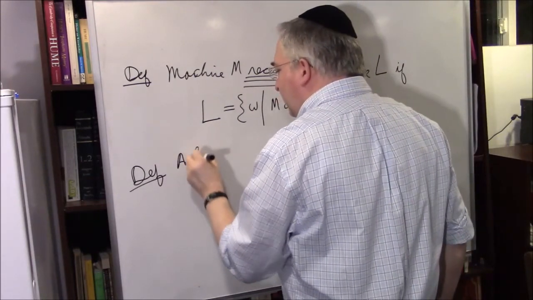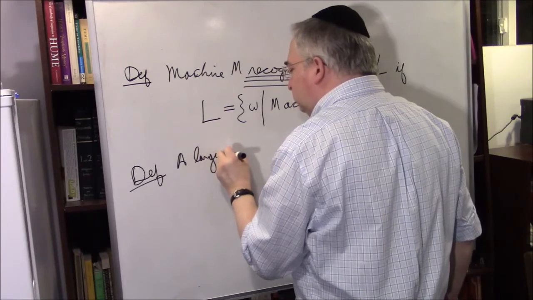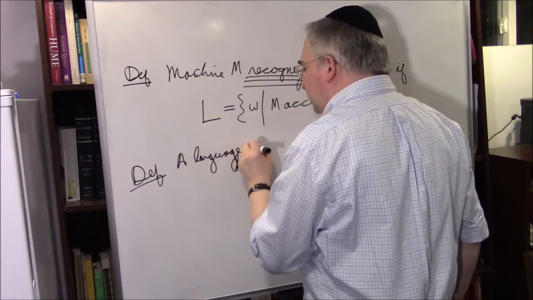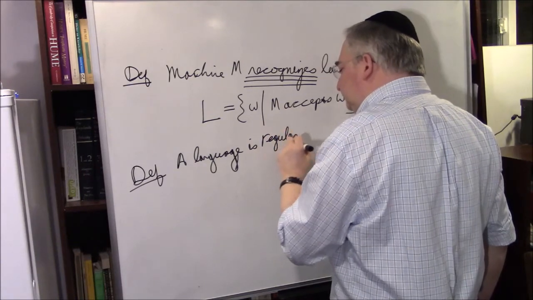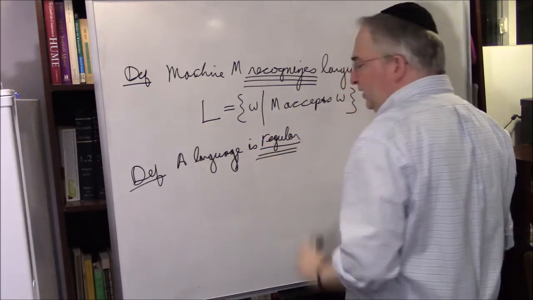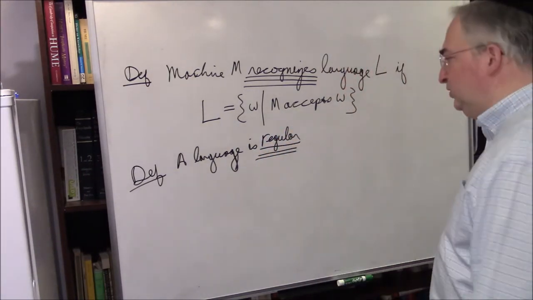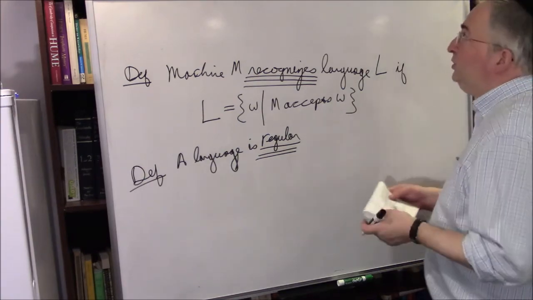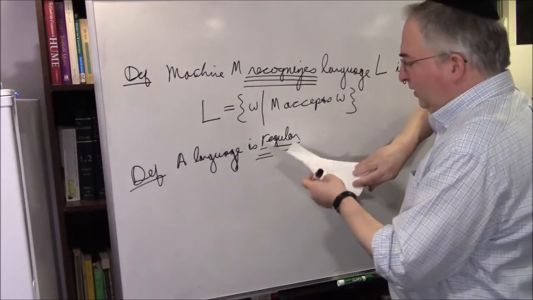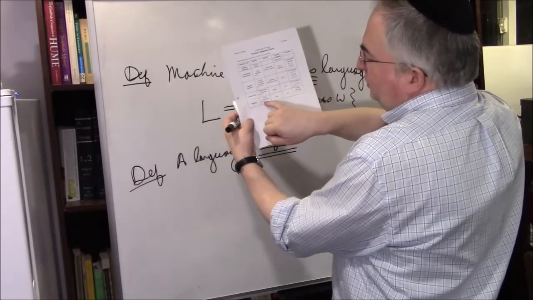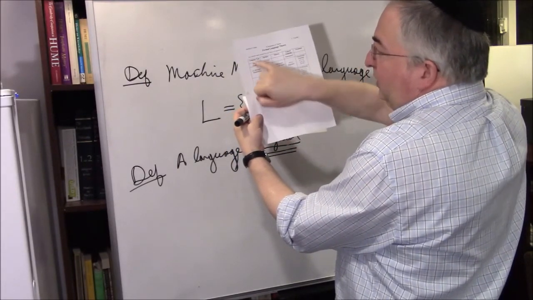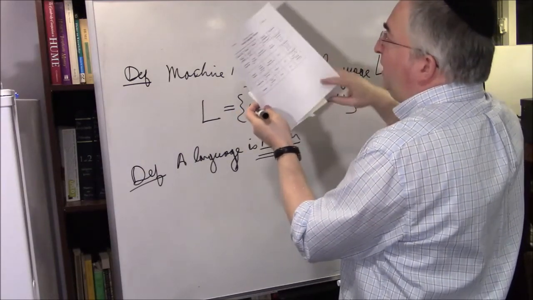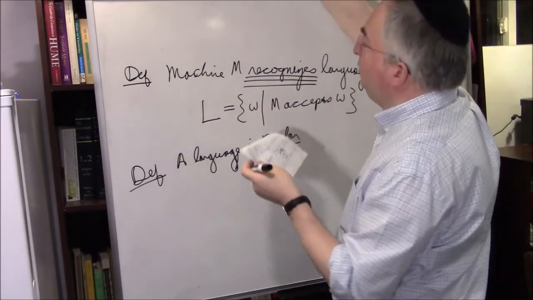A language is regular. That's what we're defining. This is the first real definition we had. Regular languages. Okay? We've spent the first class talking about finite automatons, and now I'm describing the language type that corresponds to that, and that's going to be regular languages.